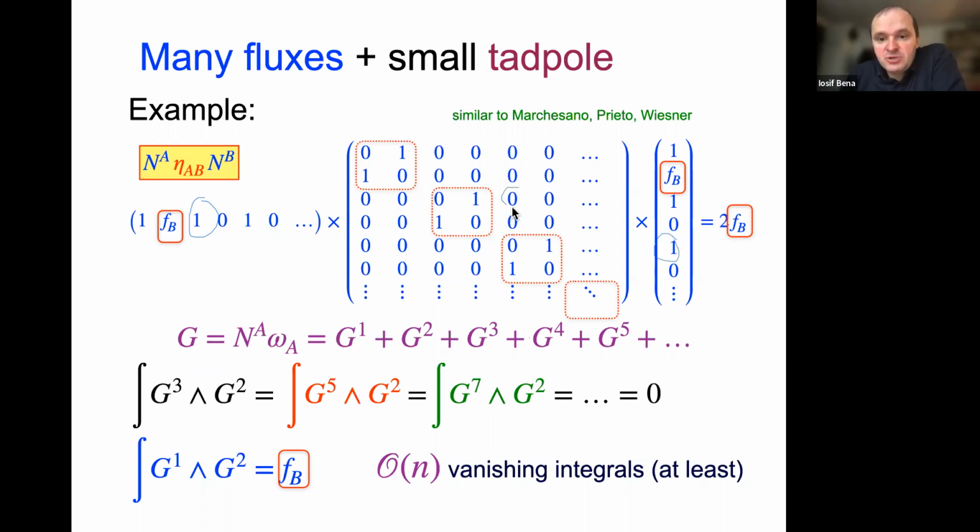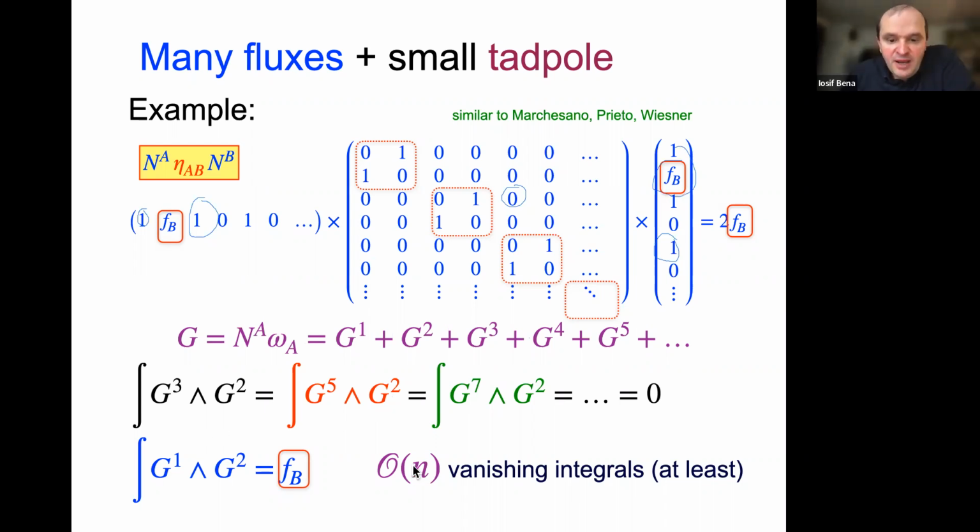There's a 0 in the intersection matrix. This tells you that the integral of G3 wedge G2, the guy on the second basis and the guy on the third basis, is equal to 0. There's going to be a huge amount of integrals which are going to be 0. The only non-zero one will be the integral of G1 wedge G2, the G on the 1 cycle. So this guy talking to this guy will be non-zero. Everything else will be 0.